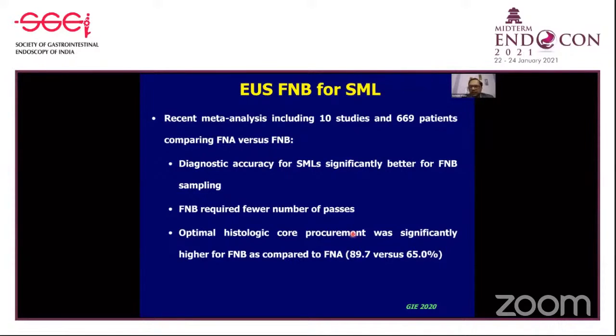The diagnostic accuracy for submucosal lesions was significantly better with FNB sampling. FNB required fewer passes to establish the diagnosis. And importantly, histological core procurement was significantly higher for FNB as compared to FNA, being 89.7% versus 65%.